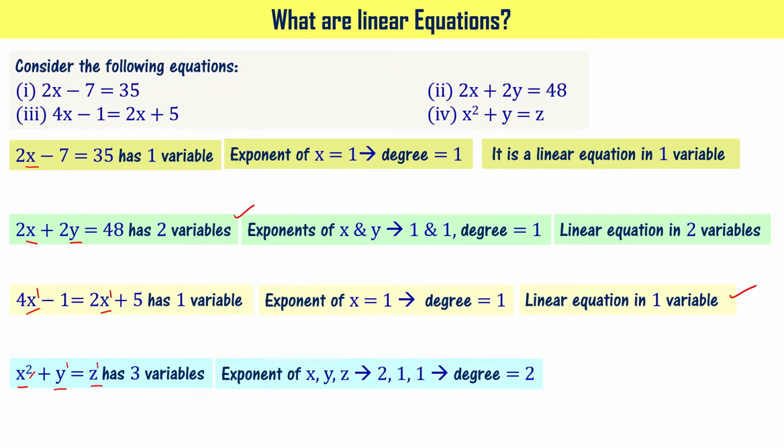So the exponents of x, y, z are 2, 1 and 1, right? So since the highest exponent is 2, the degree of this equation is 2. Please note this. As we have learnt already, it is not a linear equation. I hope you got the concept.